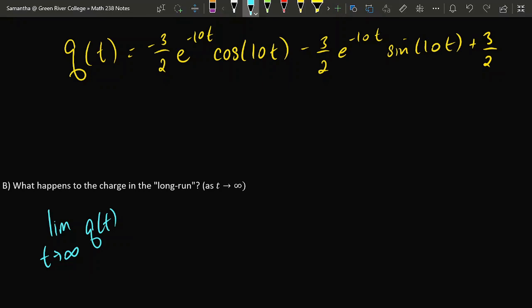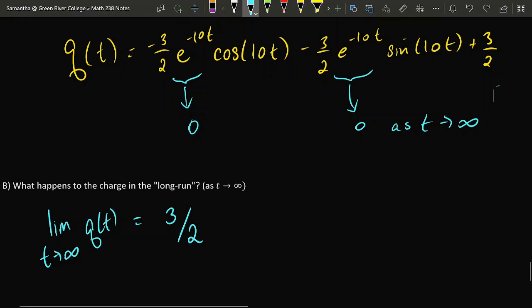Now, when time gets really, really large, the e to the negative 10t will go to 0, because we're raising e to increasingly negative powers. So both of the two terms containing e to the minus 10t will vanish over time, and the charge on the capacitor will level out to a value of 3/2, the constant left in the back.